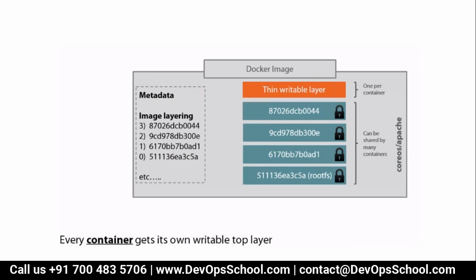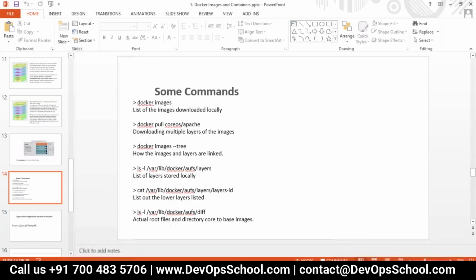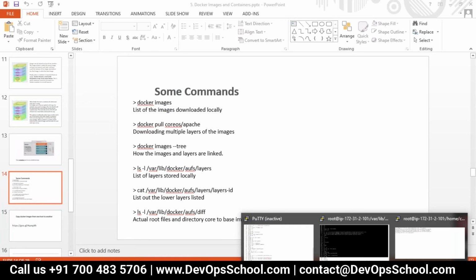When you stop the container, the merged layer gets deleted. When you start the container again, it will be merged on the fly. That's done by union mounts. Some of the commands we have are images, history, inspect and all that.